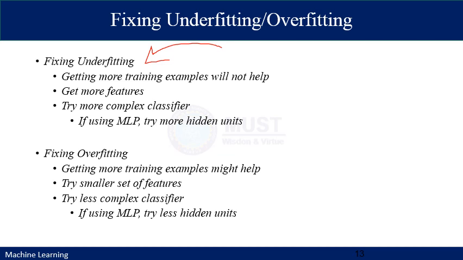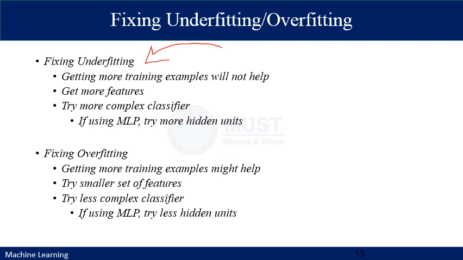Or, if that is not the case and increasing training examples does not help to reduce the overfitting, you can try a smaller set of features. That means you can try to remove unnecessary features which your classifier or the regressor has learned. Or you can simply decrease the complexity of your model.